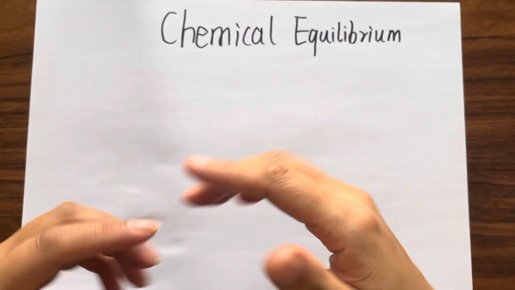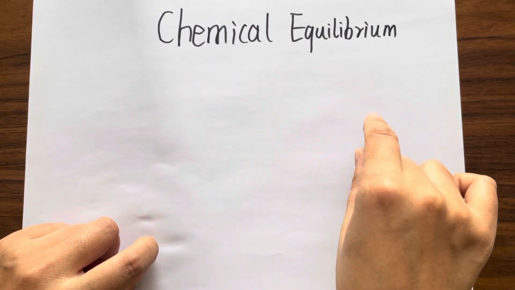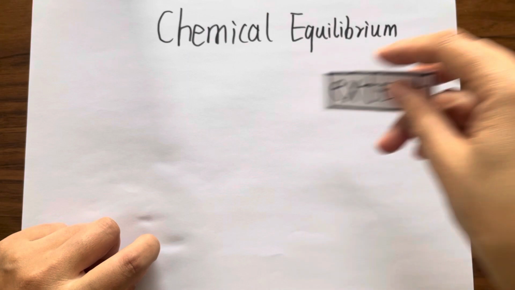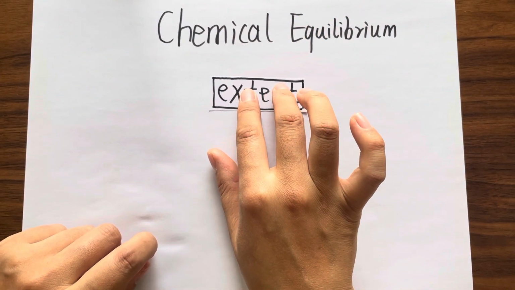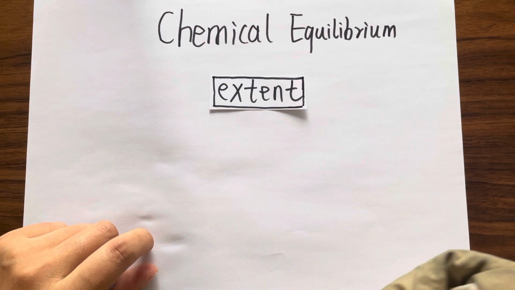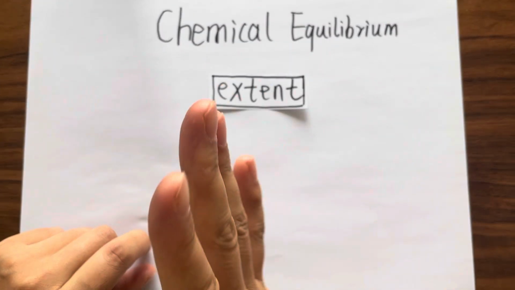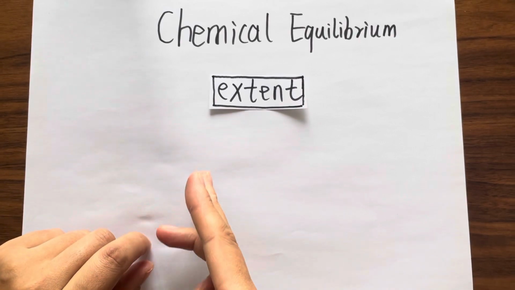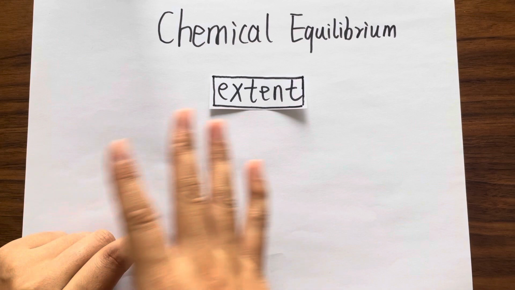First, you should understand that chemical equilibrium discusses the extent of a chemical reaction. In other words, we are all familiar with the fact that reactants may form products.